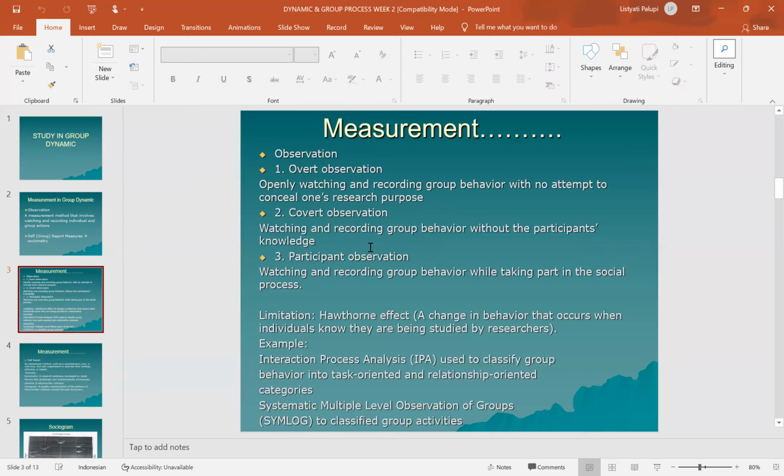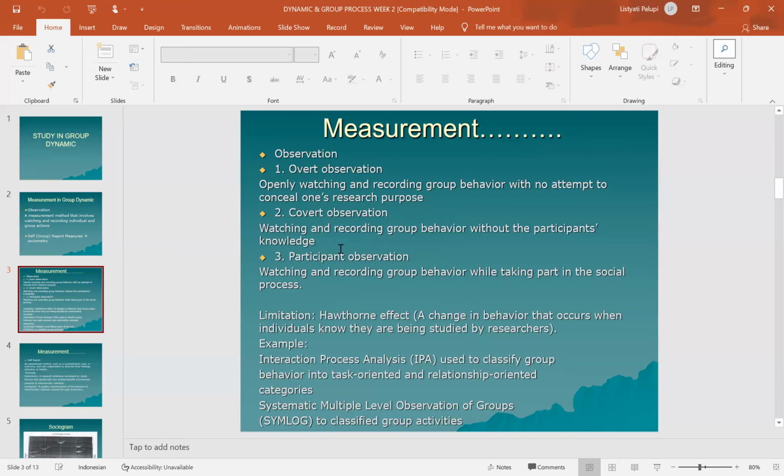And the next type of observation used in group dynamics research is participant observation, which is watching and recording group behavior while taking part in the social process.